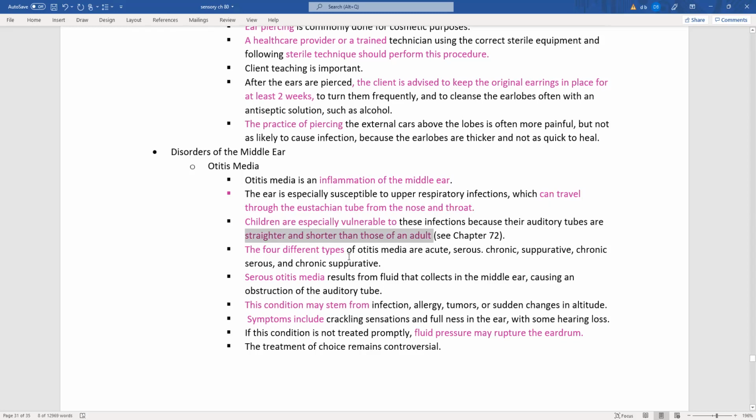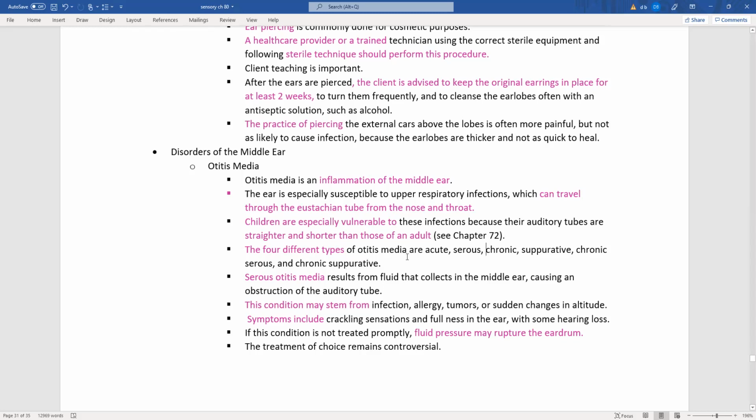The four different types of otitis media are acute serous, acute suppurative, chronic serous, and chronic suppurative. Hold on, that looks like more than four. Let me look at it. Whatever, it's in the book like that.